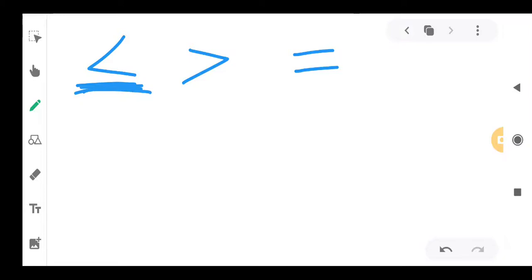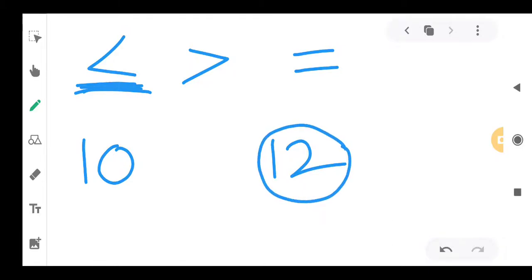For example, if 10 and 12 is there, we know that this 12 is bigger one than 10. So we have to put the symbol less than. So we have to read this as 10 less than 12.